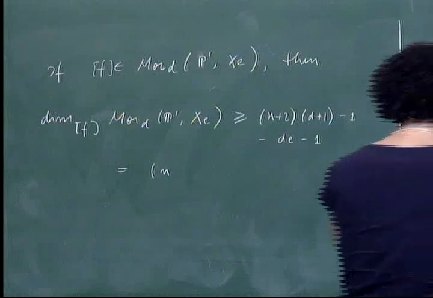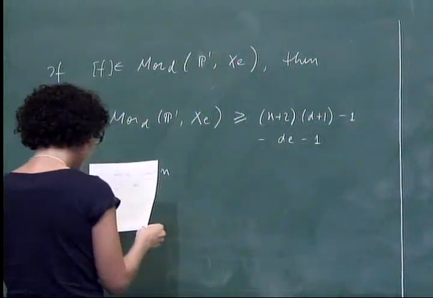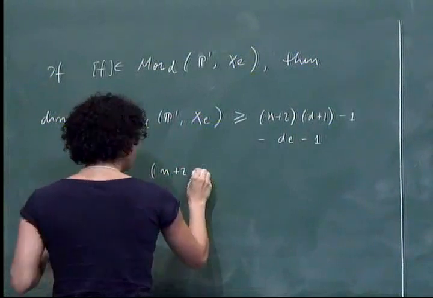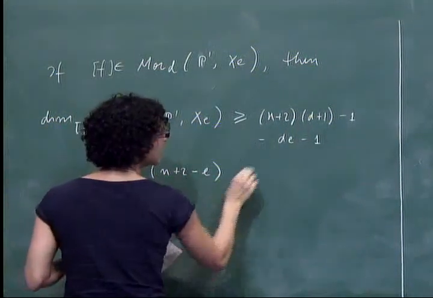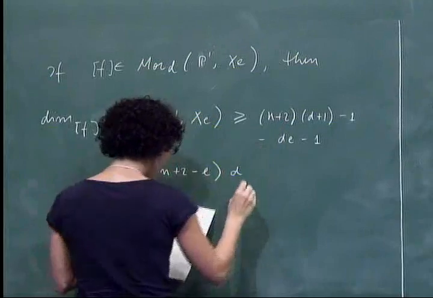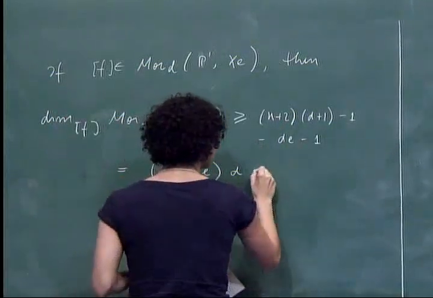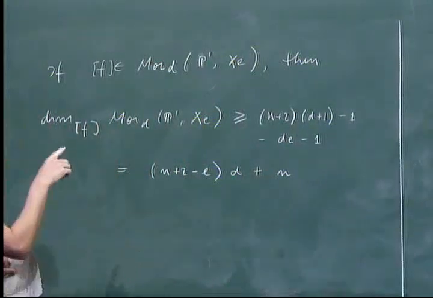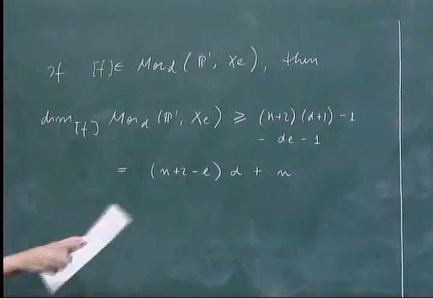So I want to write this as n plus 2 minus e times d plus n. Right.